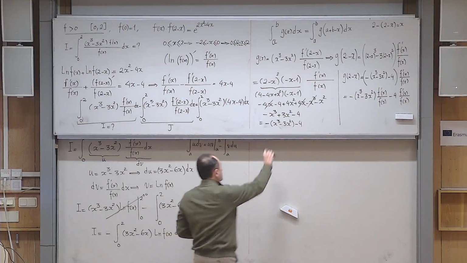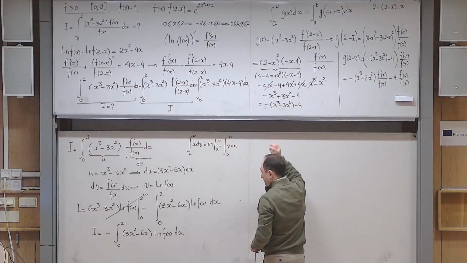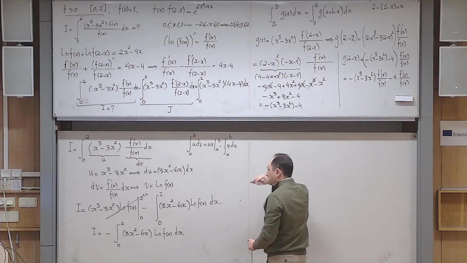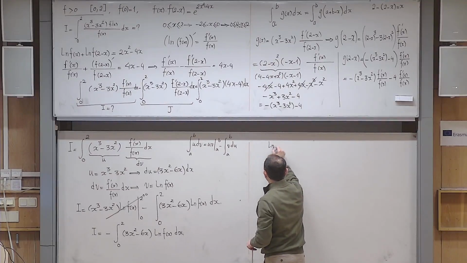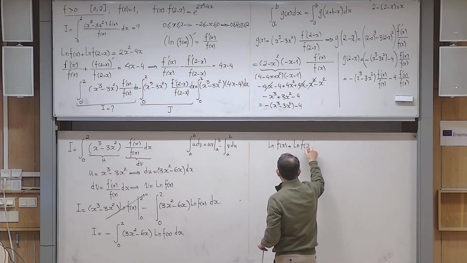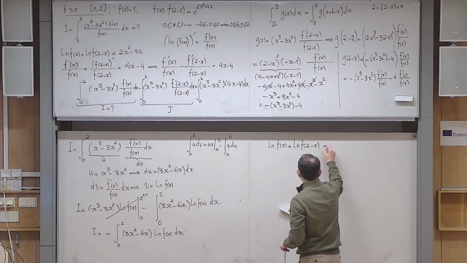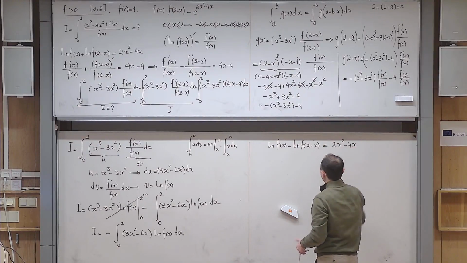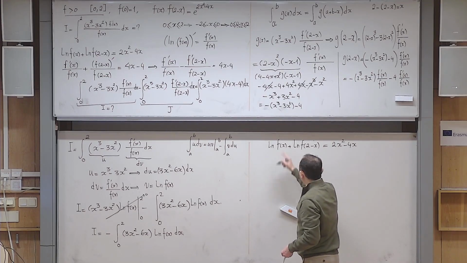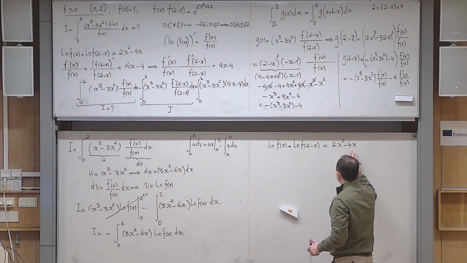So what happens? Okay, maybe we don't need differentiations. Let us see. So from that relation, do you remember in the previous method we had this? I don't want to explain it that much here now. So it was 2x squared minus 4x. Now ln of f of x, I want it from this combination.